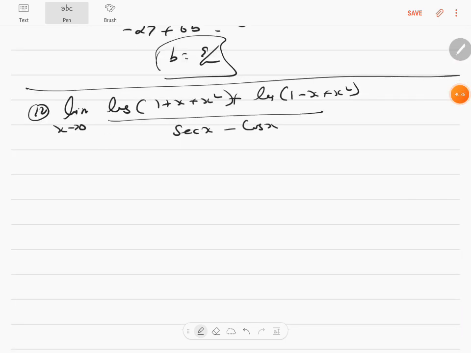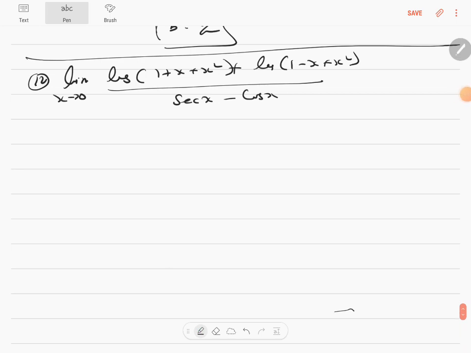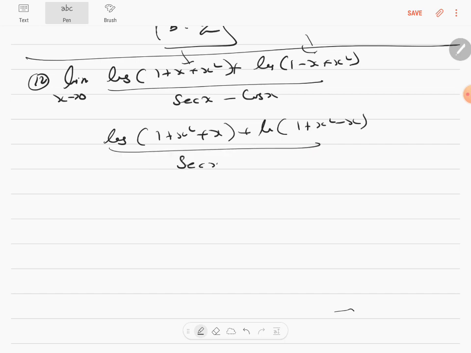Oh my god, such a beautiful sum. You have to rearrange this. So you can write log of 1 plus x square plus x, plus log of 1 plus x square minus x, over secant x minus cos x.